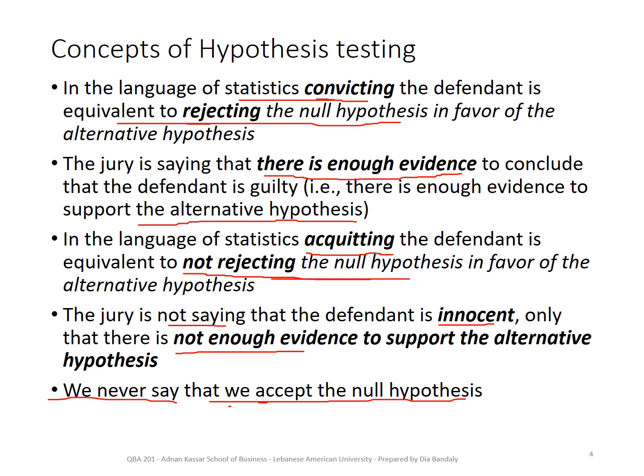It's the opposite. We always go and find evidence to support the alternative hypothesis. If this evidence is strong enough, then we say that we reject the null hypothesis. If the evidence is weak, we do not reject the null hypothesis. We never say that we are accepting the null hypothesis. All right.